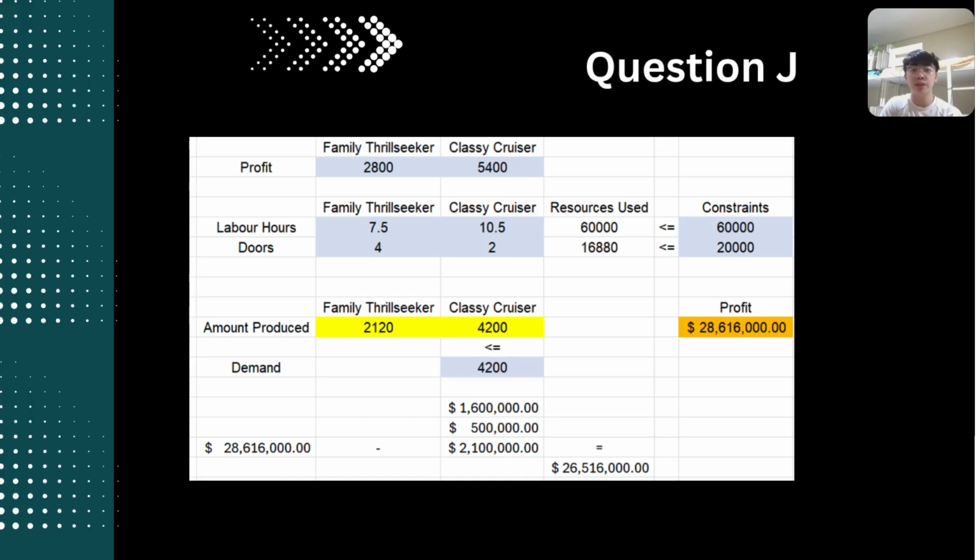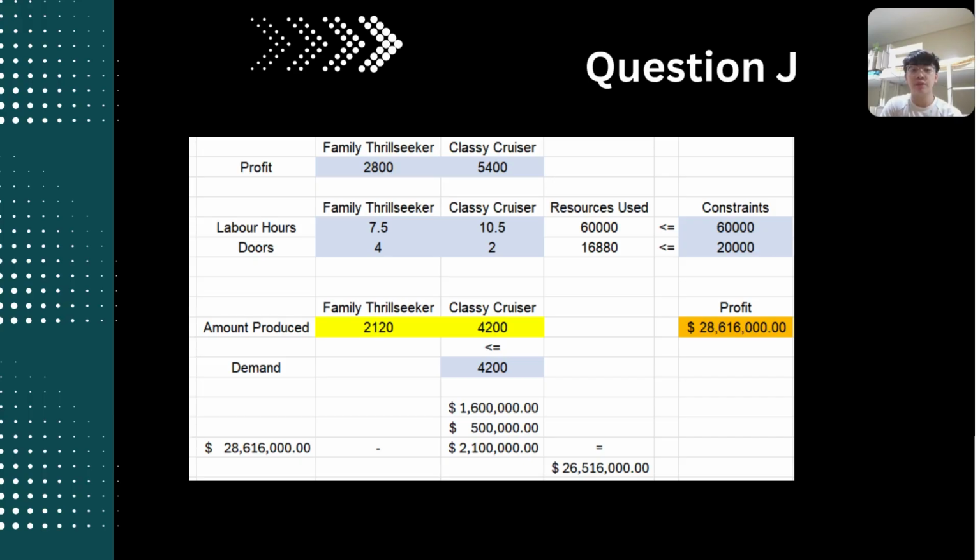Feeding them into Solver yields a clear optimal production mix of 2,120 Thrill Seekers and a full 4,200 Cruisers. Financially, that schedule generates $28.616 million in gross profit.